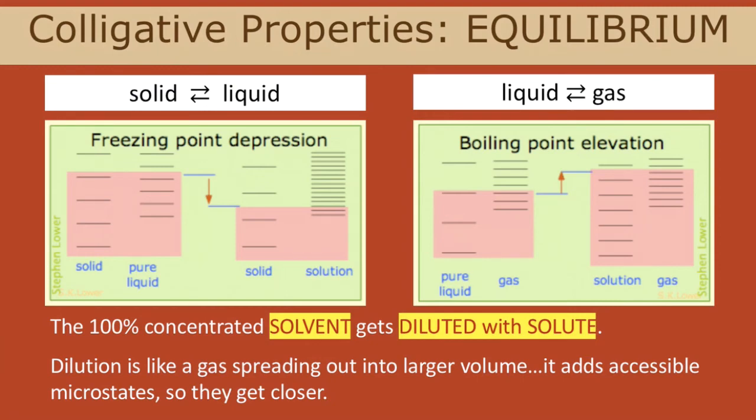The solvent is diluted by the solute, or you could think of the solvent spreading out into the volume of the solute. Again, just like a gas expanding into a bigger volume, this opens up more places and momentum for the energy carrier solvent molecules, making their energy levels closer, so there are more accessible energy states and thus increased entropy.